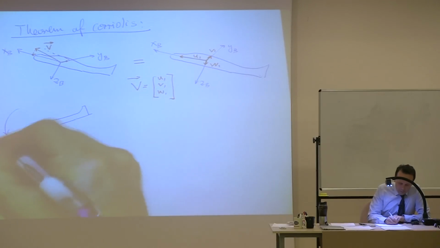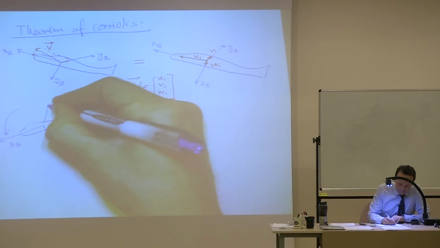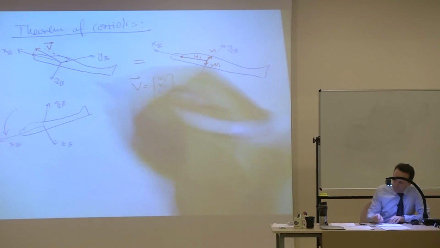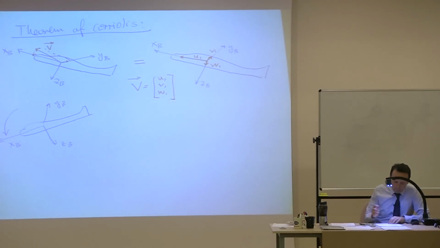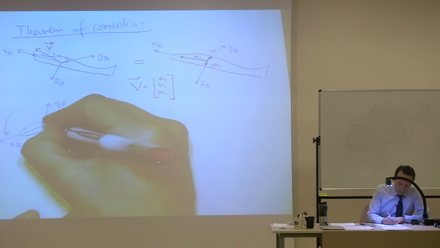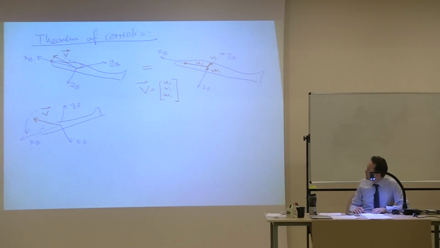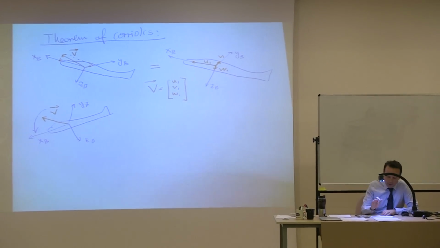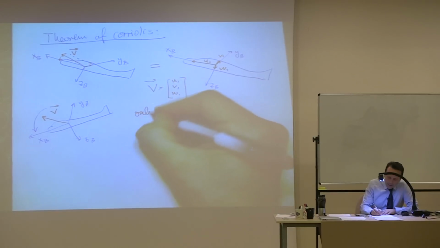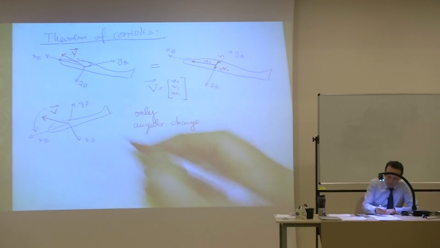So this is now x body. This is z body, and this is y body. Okay? And this is still my velocity vector. It's the same velocity vector, so only angular change. So V is still V, it's the same V, okay?